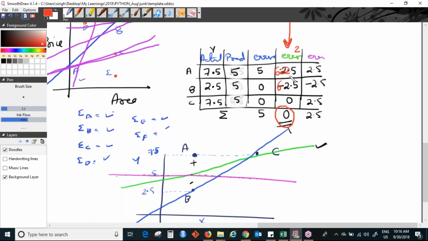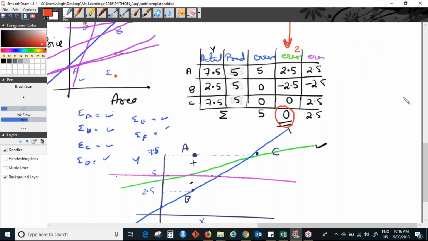Let me write it again. For the green line, the error that you will get is 2.5 into 2.5 for point A, EA squared, plus EB squared, plus EC squared. How much will you get for the green line? I'll leave it as it is so that it is easy for us.